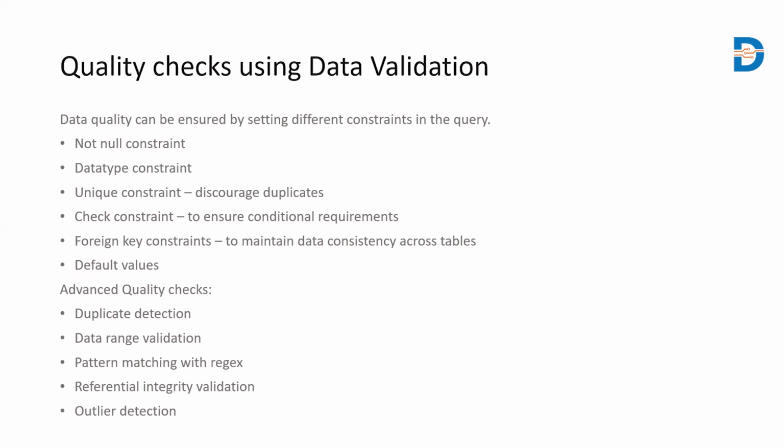Similarly, you can also put a data type constraint so that the user will have to enter data belonging to the right data type. There is also another constraint called the UNIQUE constraint, which discourages duplicate entries. If you specify a particular column as unique, there will not be duplicate entries. The first time you enter a value, it allows. The second time you try to enter the same value in the field defined as unique, it will not allow you to enter it.